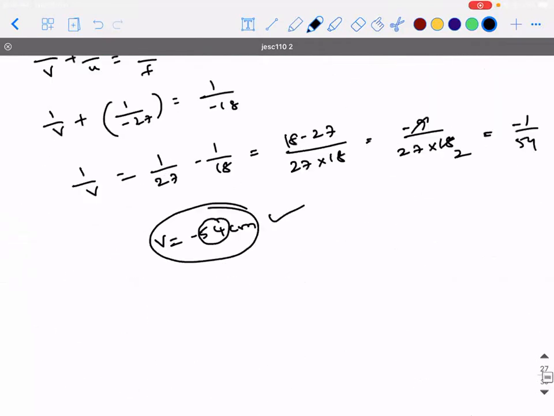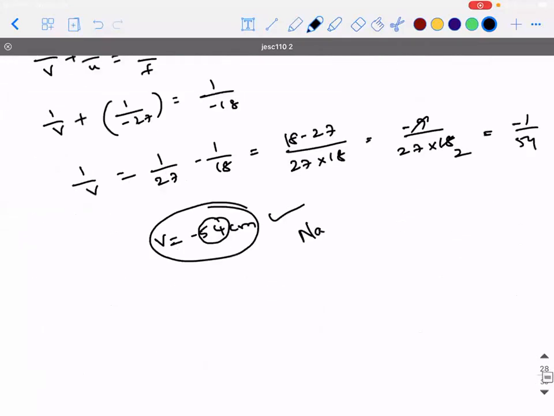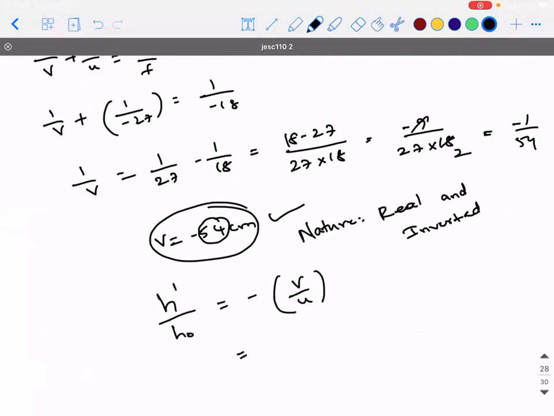Okay. So size, nature. Nature is what? Real and inverted. What about the size, guys? H dash divided by H naught is equal to minus of V divided by U. So minus is the formula. V is minus 54, U is minus 20 into H naught.